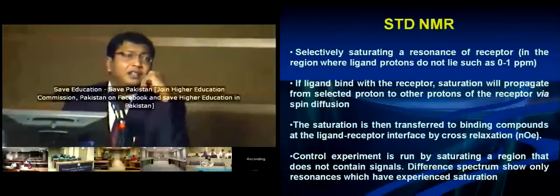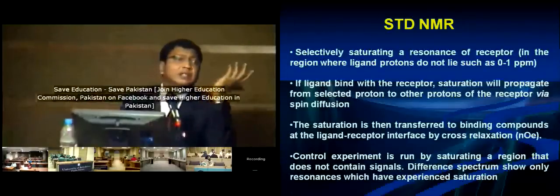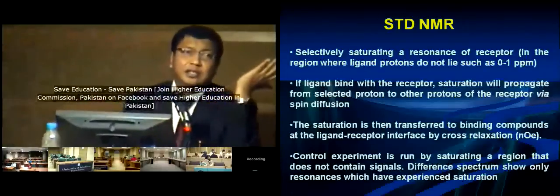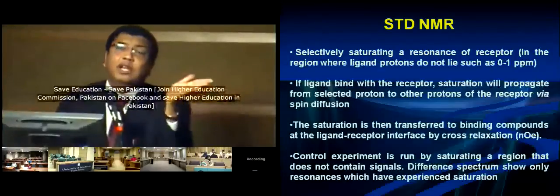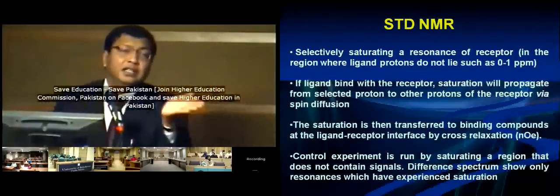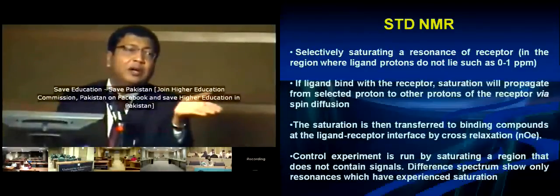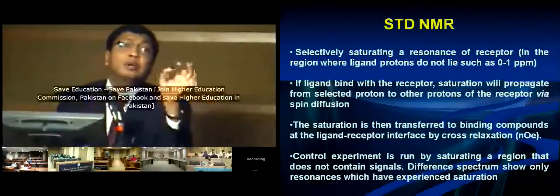Nothing. Then the ligand proton will come without any change. Right? In the first experiment, the ligand proton will come with change. And in the other experiment, the ligand proton will come without any change, because there is no saturation transfer. A very important point.